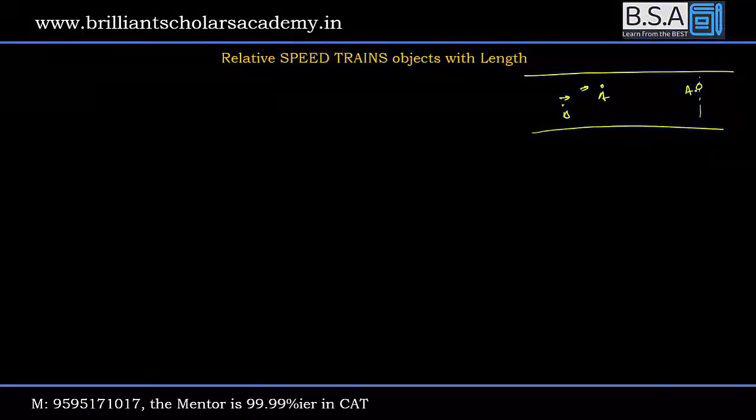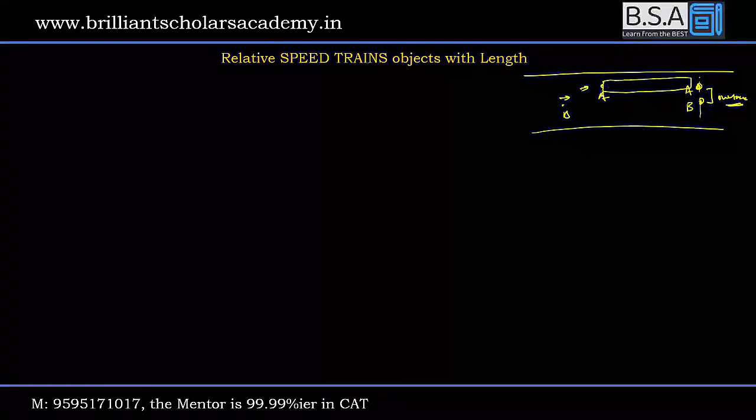The moment that both A and B are in the same line, we say the overtake has happened. But if A was not riding a bike or a car, but A was a train, trains have a length of 100 meters, 200 meters, 300 meters.